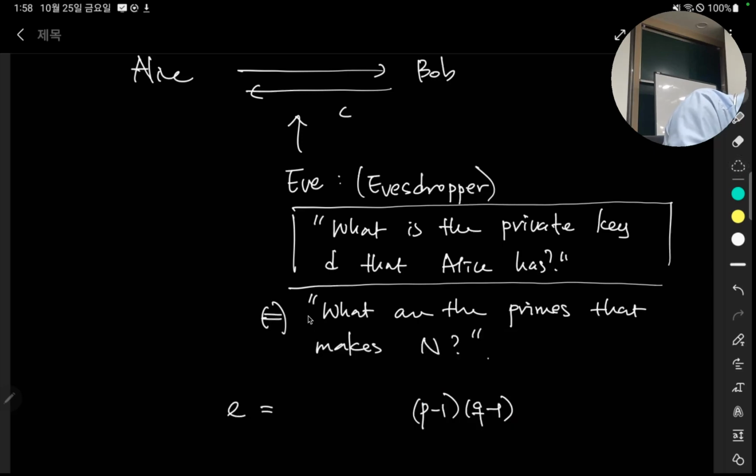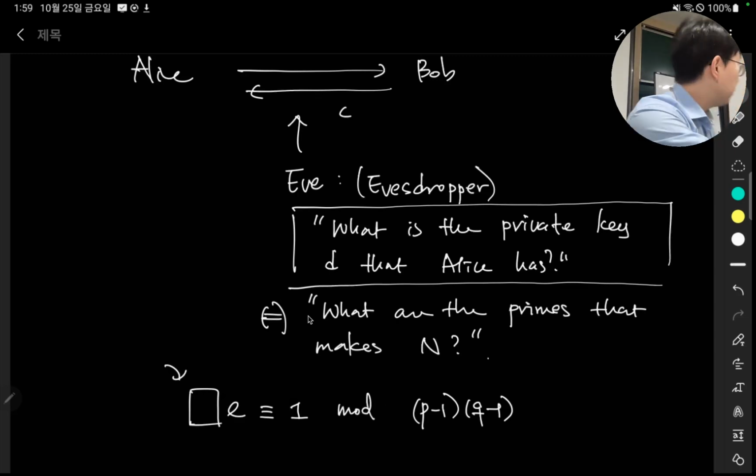All I need to know is the multiplicative inverse of E modulo P minus 1 times Q minus 1.